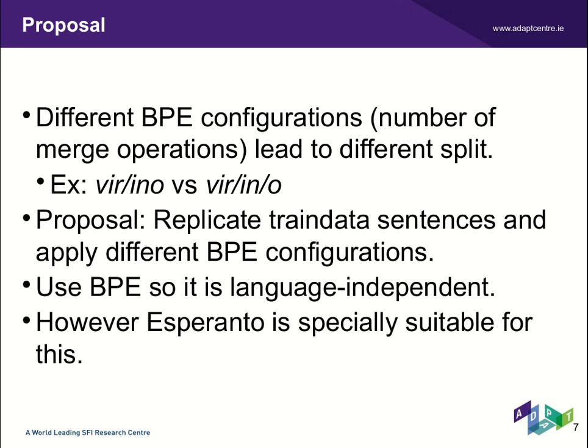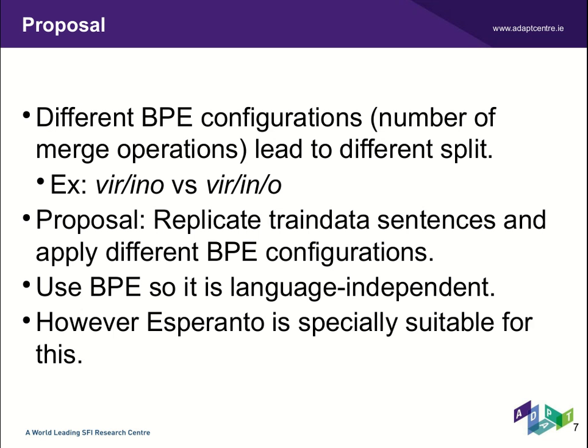This means that using different BPE configurations, different numbers of merge operations, will lead to different splits. So for example, the word virino could, depending on the configuration, be split as vir ino or vir in and o. And our proposal is actually to replicate the sentences in the training data and apply different BPE configurations.